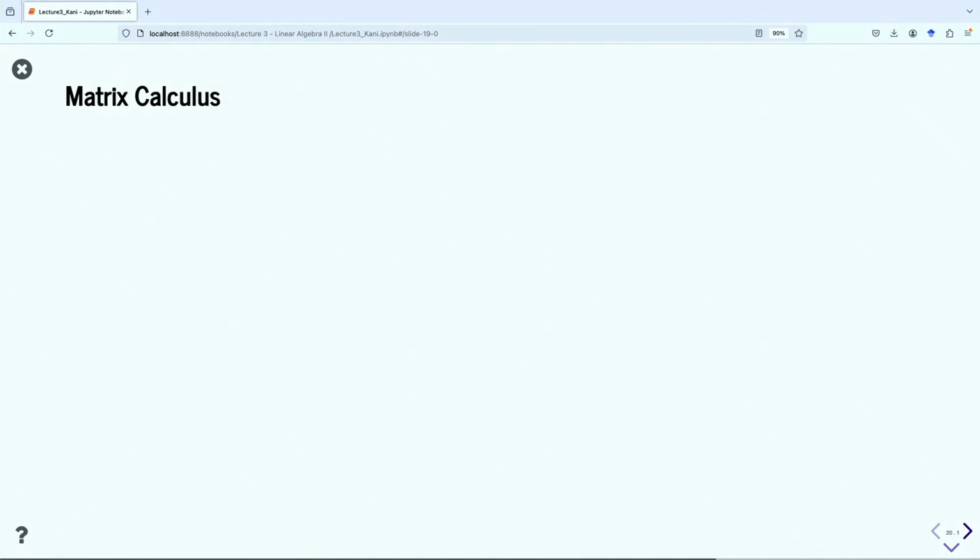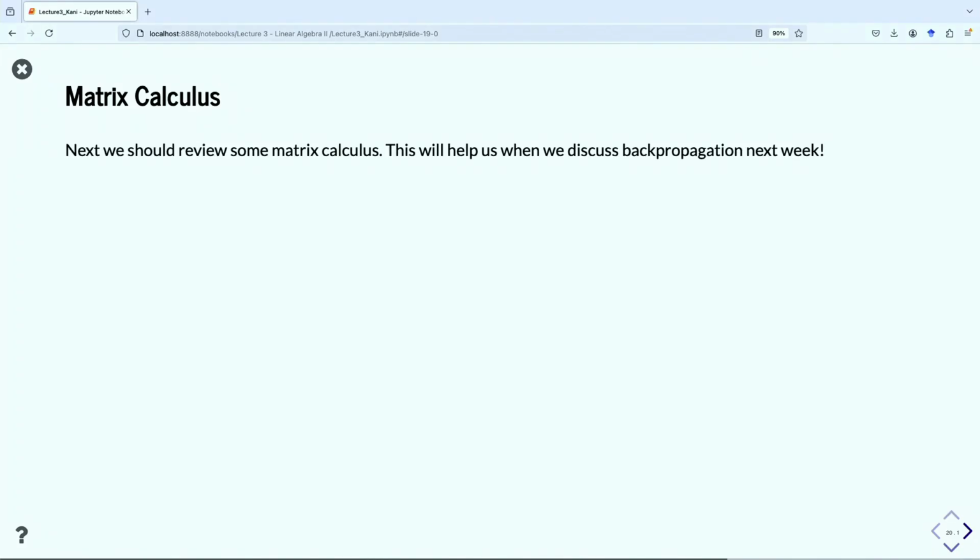But it's good to dip our toes into the water first. So that's what we're going to do. We're going to discuss the introduction to matrix calculus, okay? And then the more advanced stuff we're going to discuss next week with autodifferentiation, with backpropagation.